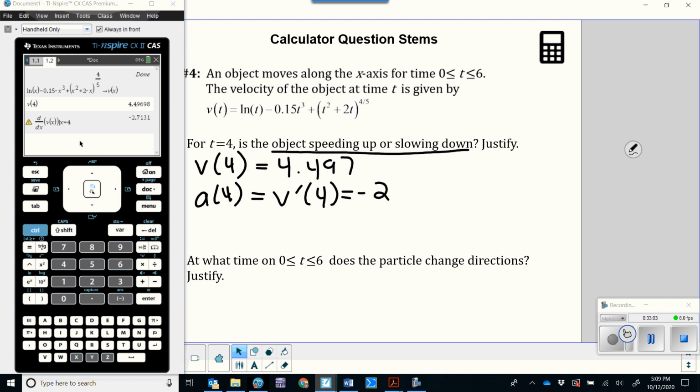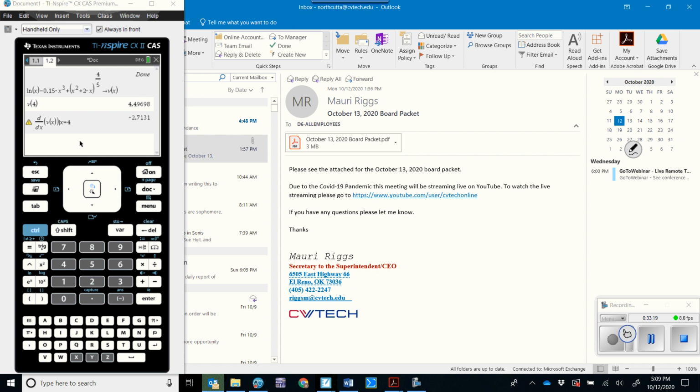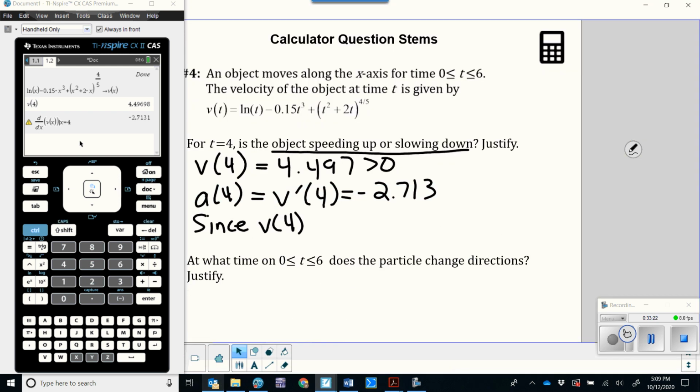So I get negative 2.713. Then I need to answer my question, speeding up or slowing down. So I would say, since v of 4 is greater than 0, and a of 4 is less than 0, v of 4 and a of 4 have opposite signs, because I already compared them right up there, so I don't need to do it again.